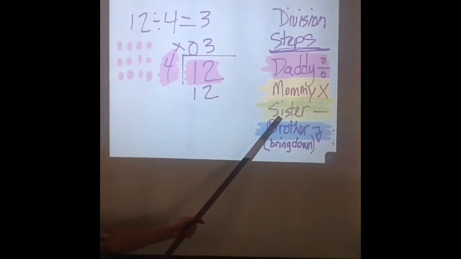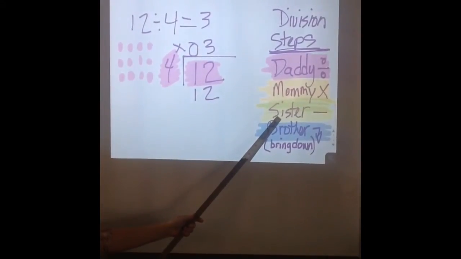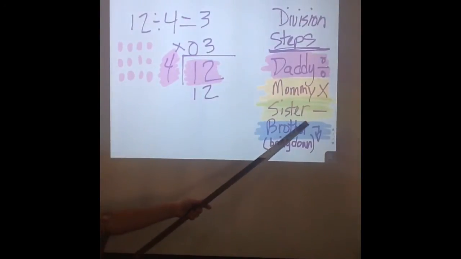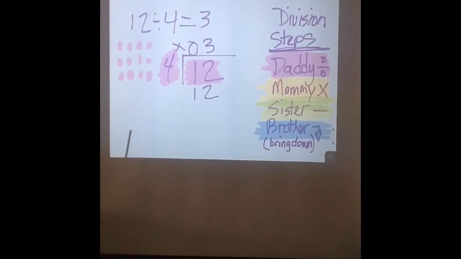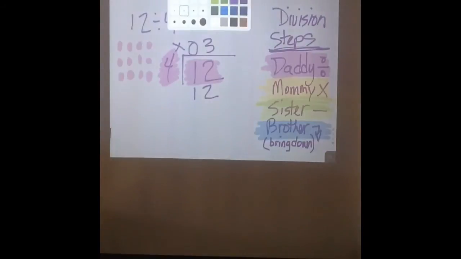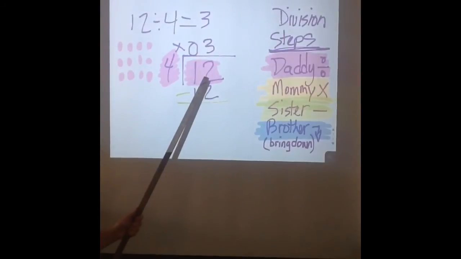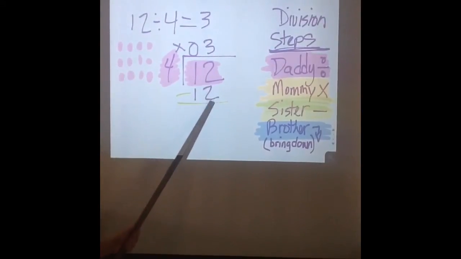What's our next part? Sister subtract. Everybody say it. Sister subtract. So now we put a subtraction sign. I feel like I should make these in the colors that they're in. Can you see it okay? Yeah? So now we're going to do our sister subtract. We have 2 to begin with, and we're going to take away 2.